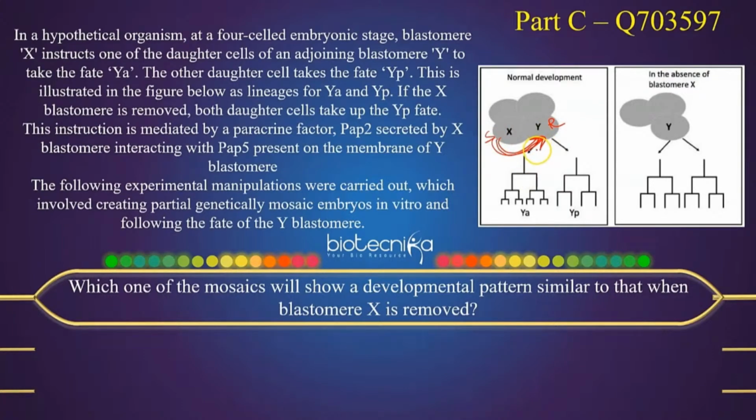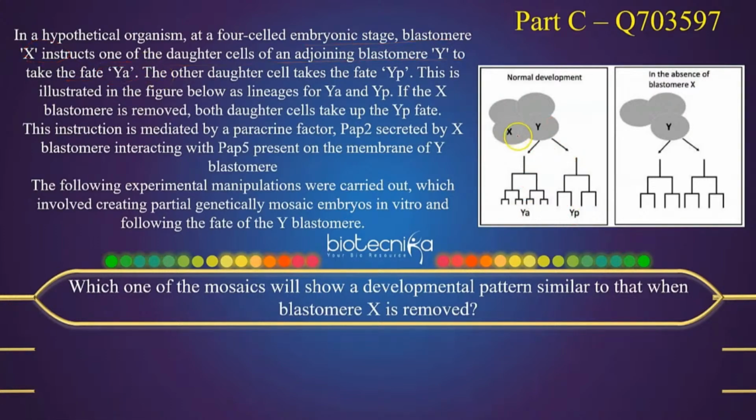Now Y, if it is getting the signal, is taking up two fates. You can see you have a YA and YP. As you can see, the cell which is getting the X signal, that side it is forming YA. So X is instructing the Y to take up the fate YA.